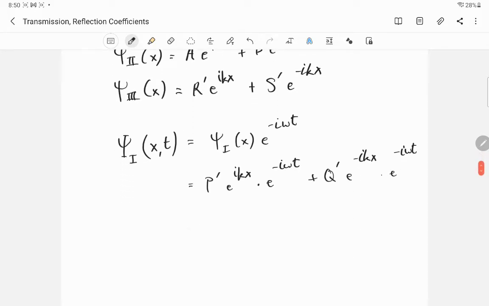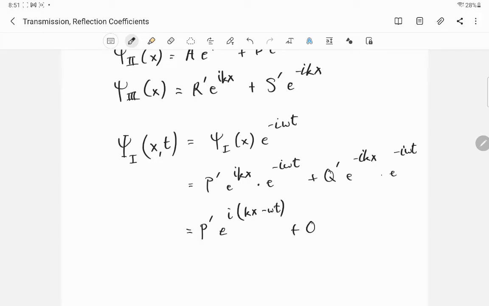And if I mix the arguments of the exponentials, e to one argument times e to a different argument is just e raised to the summation of the two arguments. That's a basic exponentials fact. So this looks like e to the I times kx minus omega t.